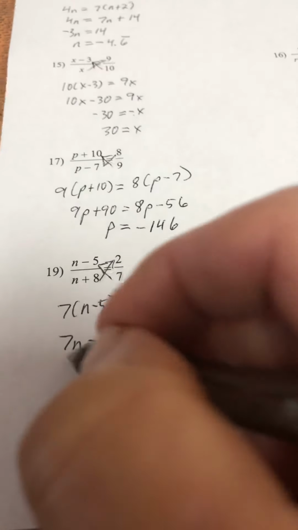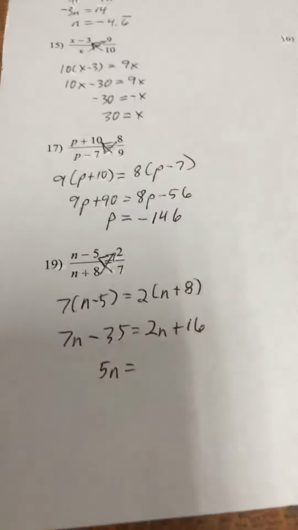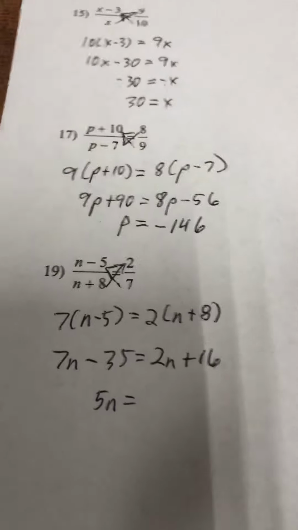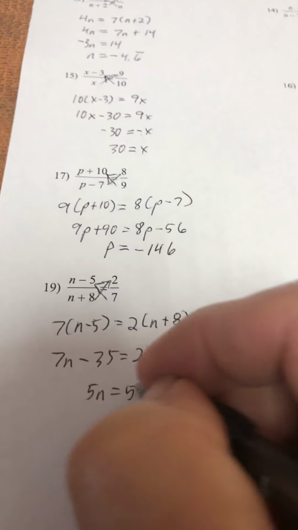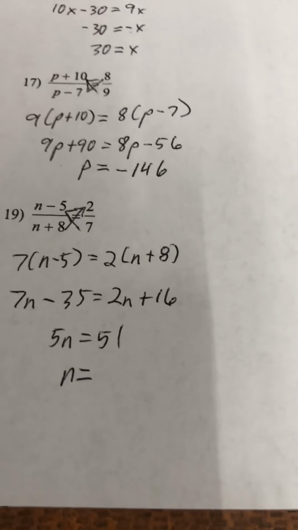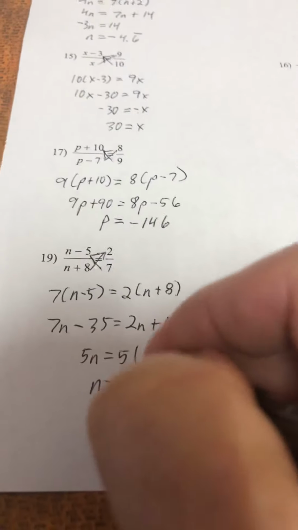I'm going to subtract 2n from both sides, so I'm left with 5n over here. I'm going to add the 35. So 35 plus the 16 gives me 51. That's not going to be a pretty one either. So 51 divided by 5, I end up with 10.2.